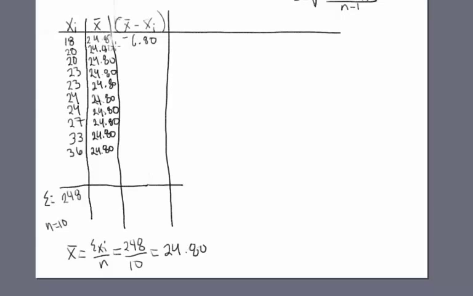And then 20 minus 24.80 is a negative 4.80, again negative 4.80. 23 minus 24.80 is a negative 1.80, again negative 1.80. 24 minus 24.80 is a negative 0.80, again negative 0.80. 27 minus 24.80 is 2.20. 33 minus 24.80 is 8.20.